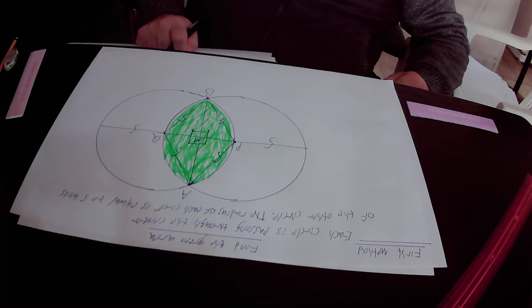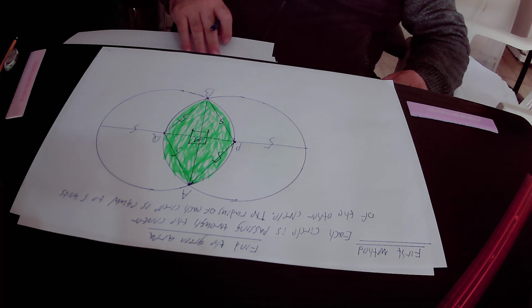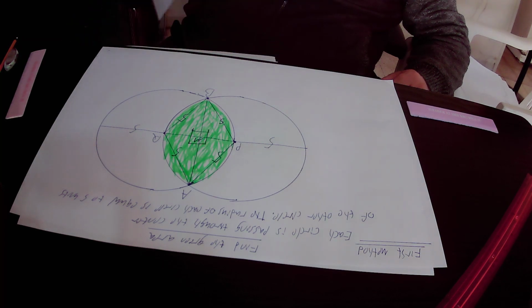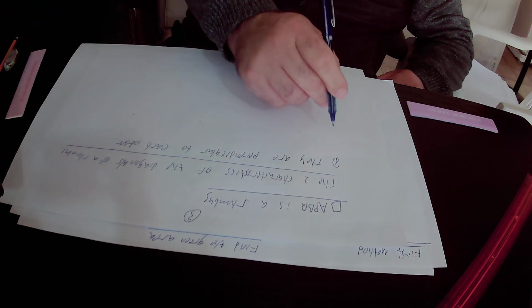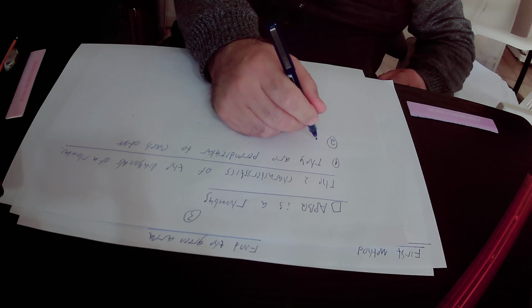And the second characteristic of the diagonals of a rhombus is that they bisect each other. Okay, the diagonals of a rhombus bisect each other.